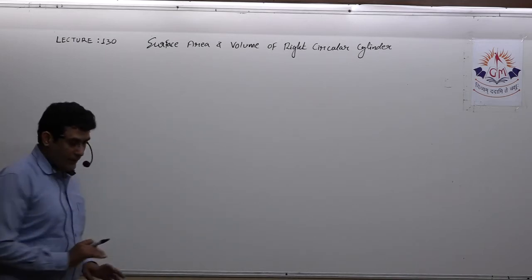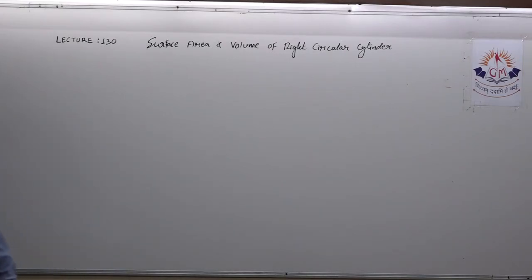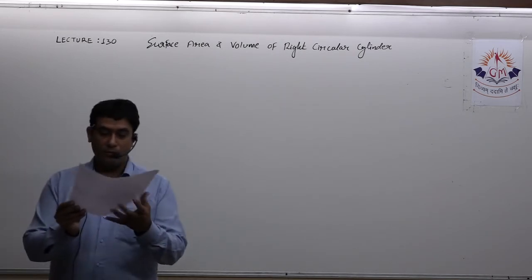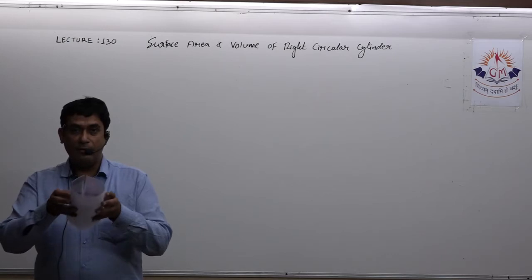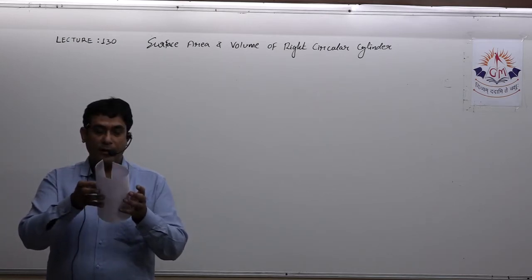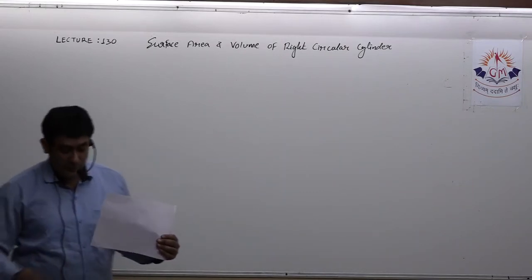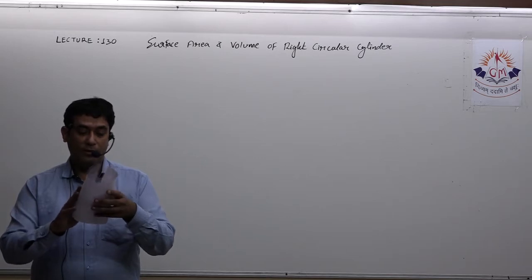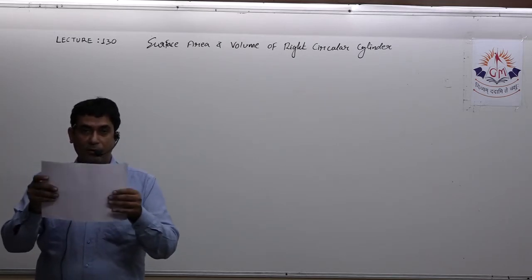So surface area, see, if I roll a rectangular sheet, suppose this is a rectangular sheet. Now if I fold in this way, then I will get a cylinder, isn't it? Now what I have to find is its surface area. So can I say the surface area of this cylinder is actually the area of this rectangular sheet?